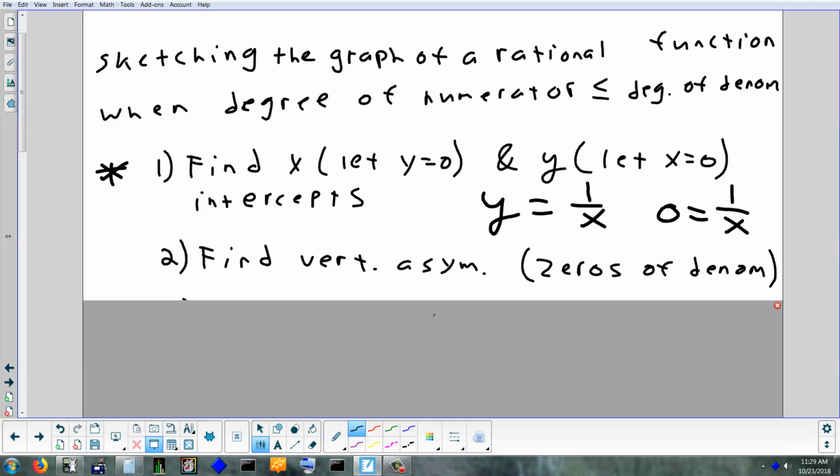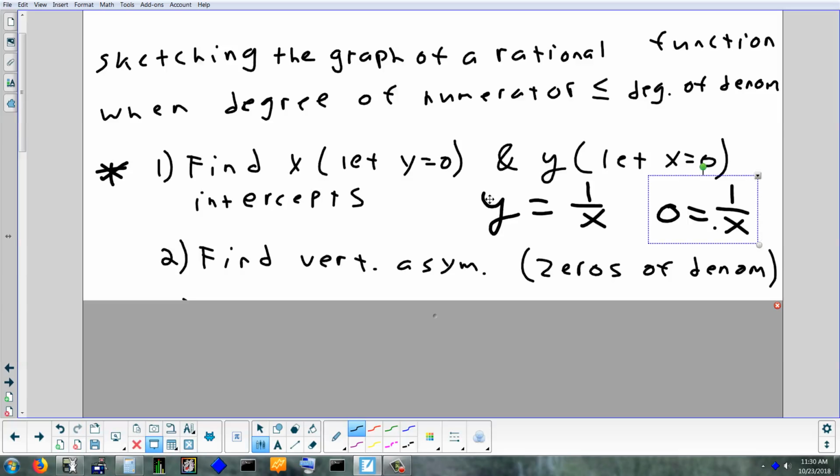You're trying to find what number the denominator would have to be to make a fraction equal to 0. Well, a fraction is not equal to 0 unless the numerator is 0. And this numerator is 1. So it's impossible to make a fraction equal to 0 if you have a 1 in the top. Doesn't matter what you put in the bottom. So that's why you couldn't plug in 0 for x or 0 for y and ever find an intercept in that problem.